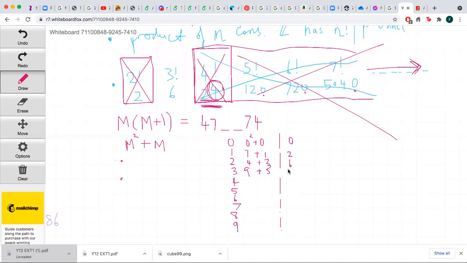I'm going to get rid of the first digit because I'm only looking at the last digits of everything, so I'll put a 2 here. 4 squared is 16, plus 4 is 20. So the last digit is 0.